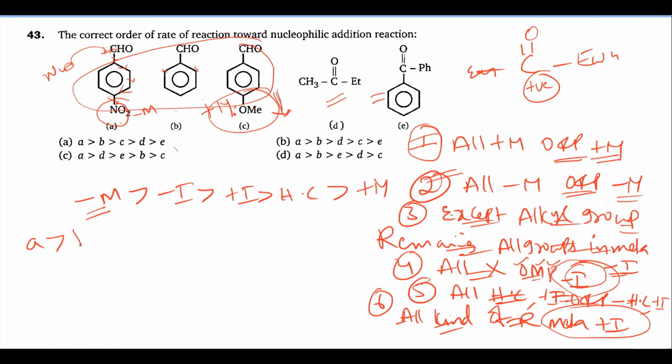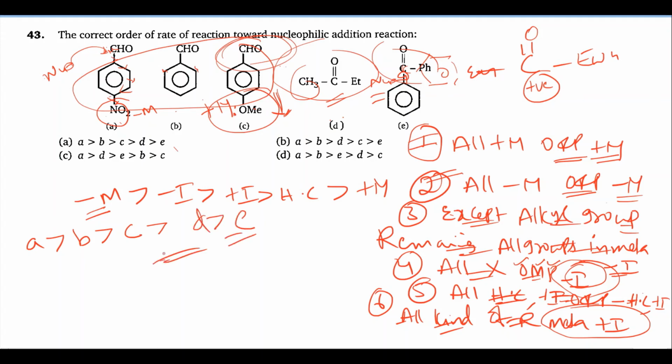Between D and E, D is more reactive because E has a phenyl ring, more bulkiness, so nucleophilic addition is tougher than D. So A greater than B greater than C greater than D greater than E. This is our order. So the correct answer for question 43 is option A.